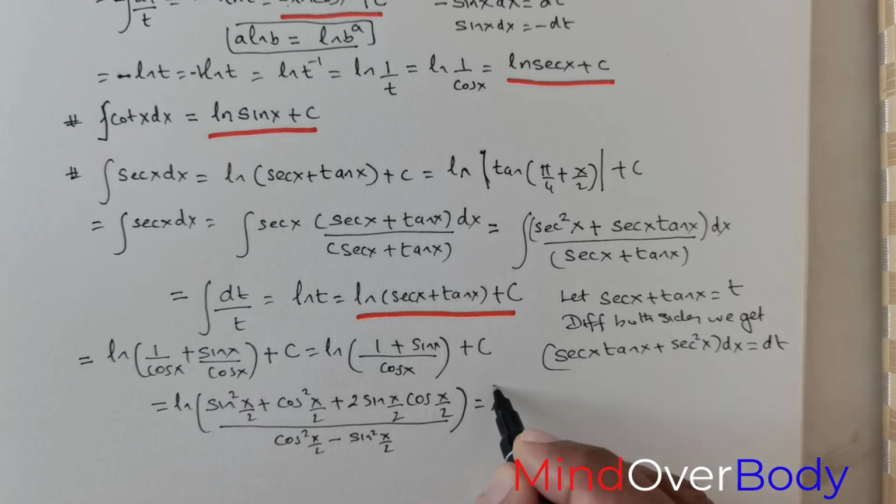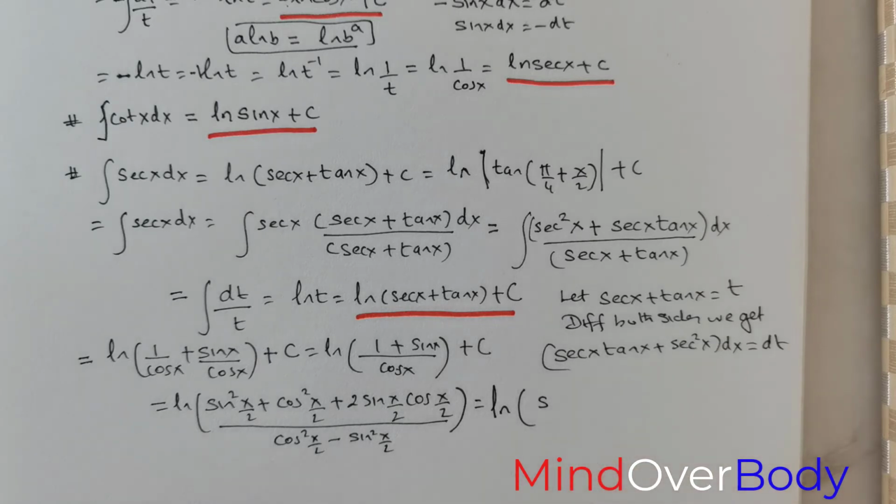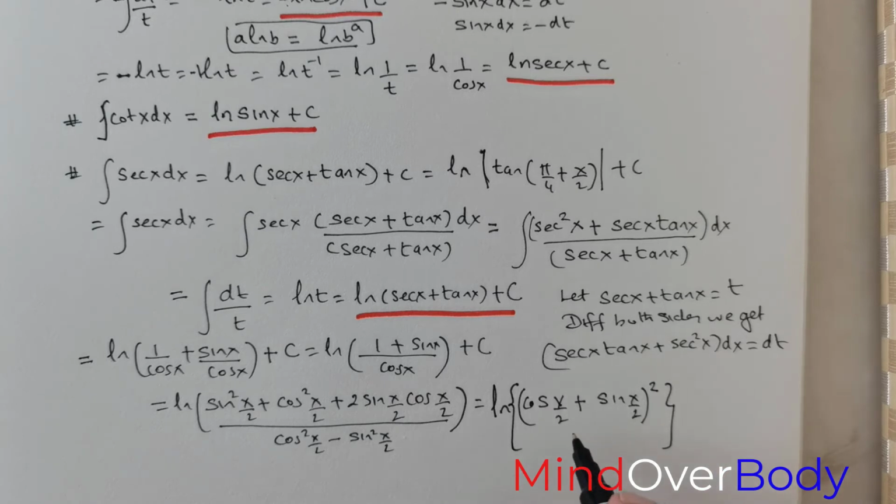So this is equal to ln of, instead of starting with 1 + sin x, I am going to rewrite the numerator as (cos x/2 + sin x/2) the whole squared, inside this ln, because cos x/2 plus sin x/2 raised to the power of 2 would give me this.